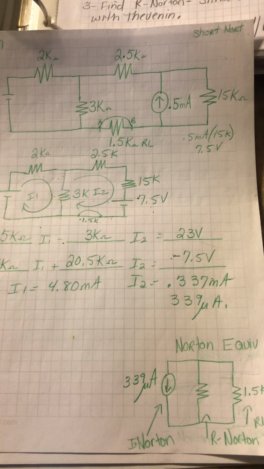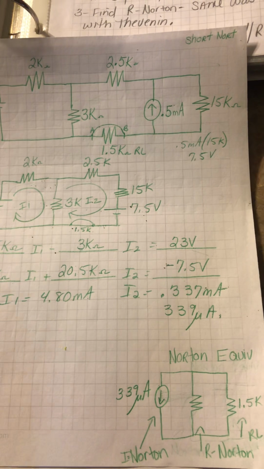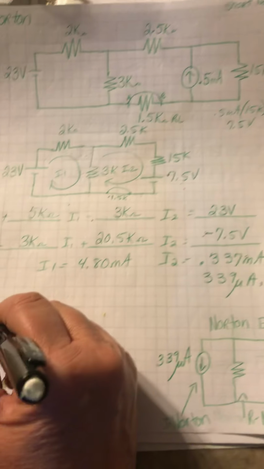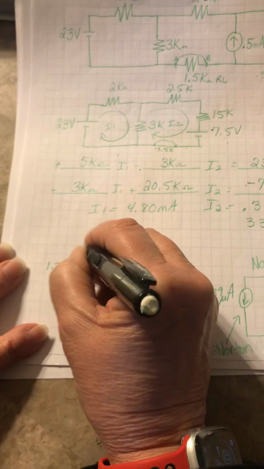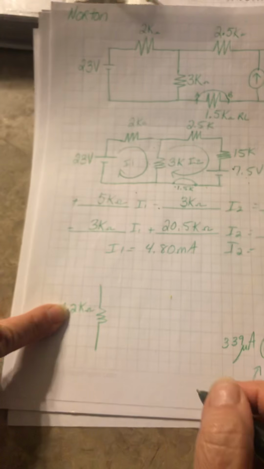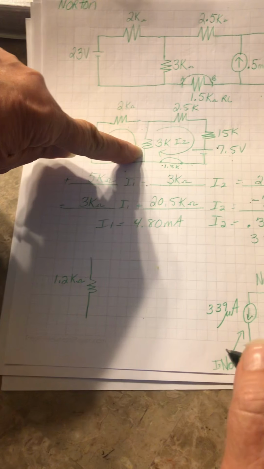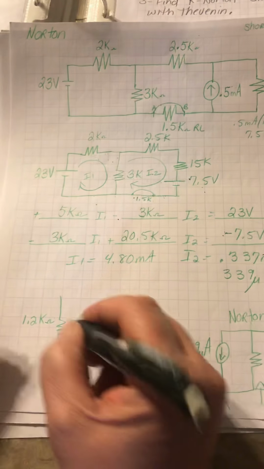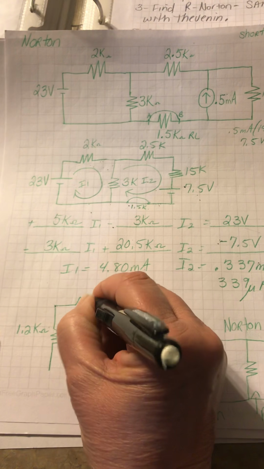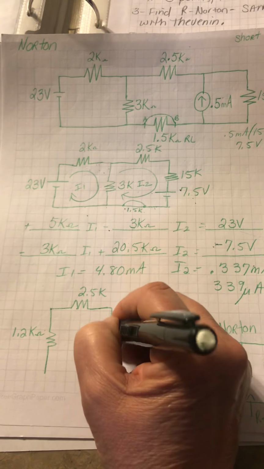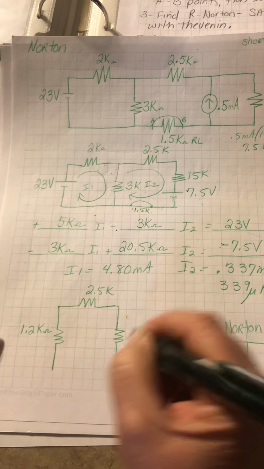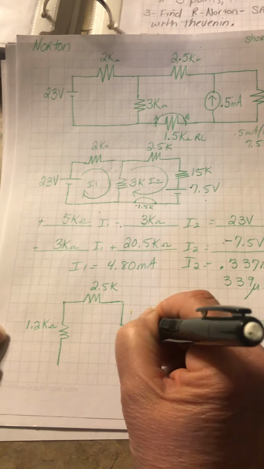You should have gotten 1.2K ohms. So 1.2K ohms is here. So this takes the place of these two together. Then that's here, so then you have 2.5K, and then you have 15K.